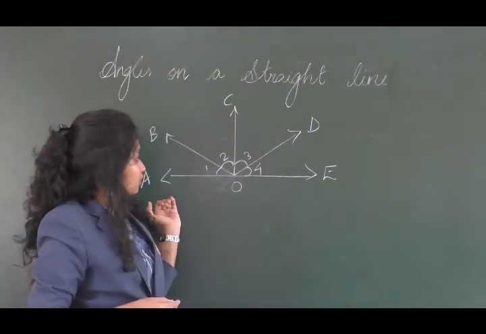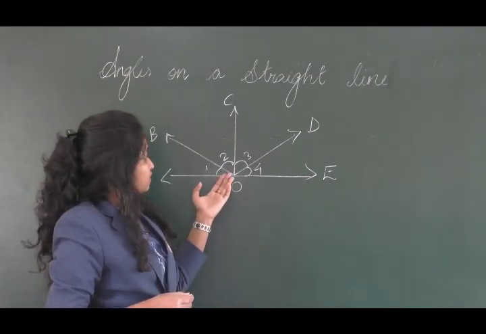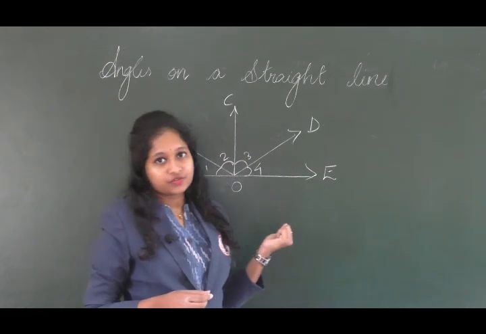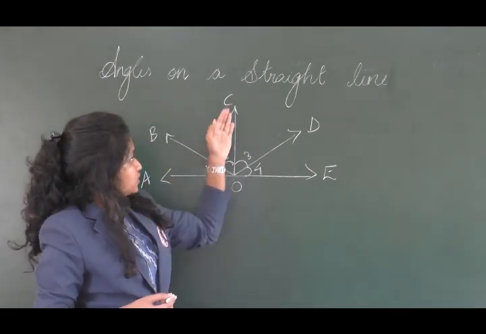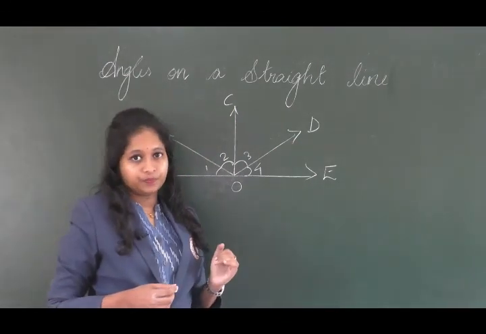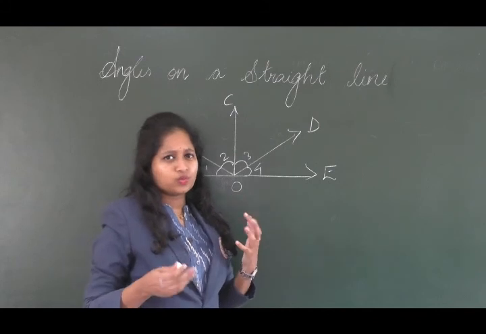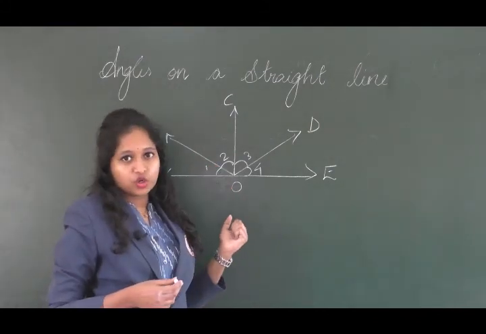So here we have a straight line AE, isn't it? And there are so many angles found. Angle AOB, angle BOC, angle COD, angle DOE. Now take one of the arms as common. Let's take OC as common.